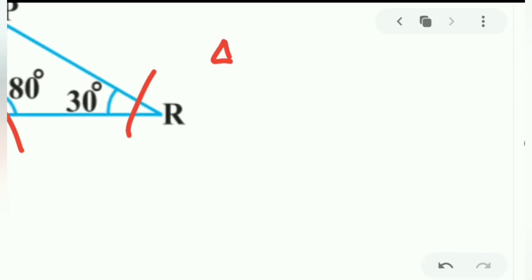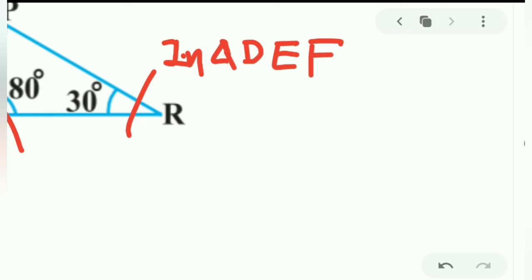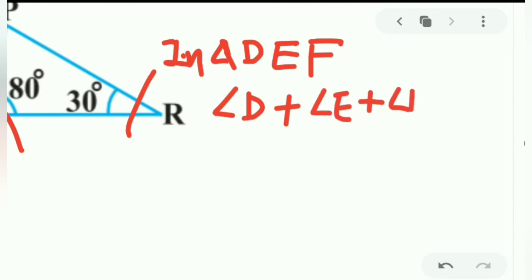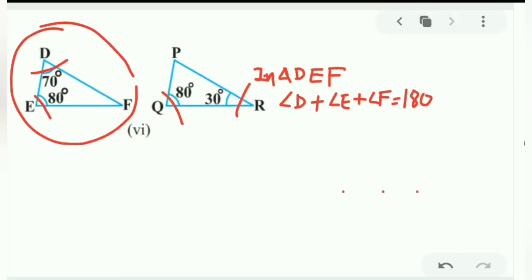So in triangle DEF, if we add angle D plus angle E plus angle F, the sum will be 180 degrees. Here we can see that angle D is given as 70 and angle E as 80.